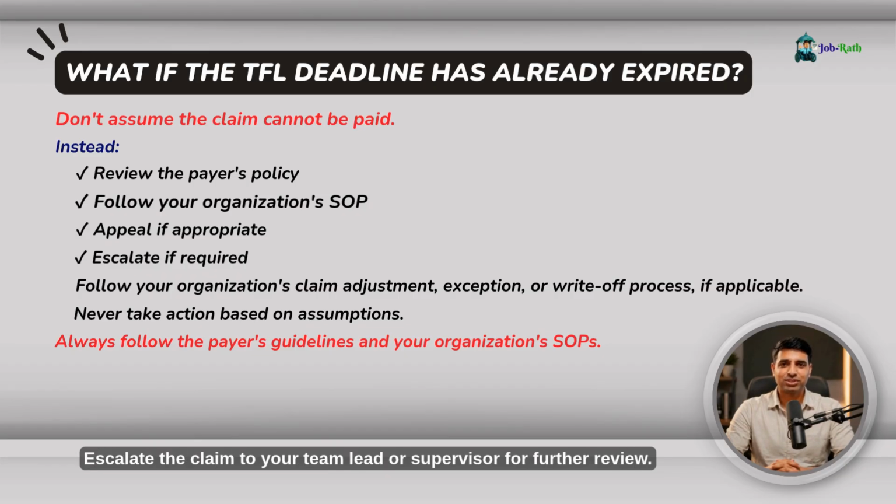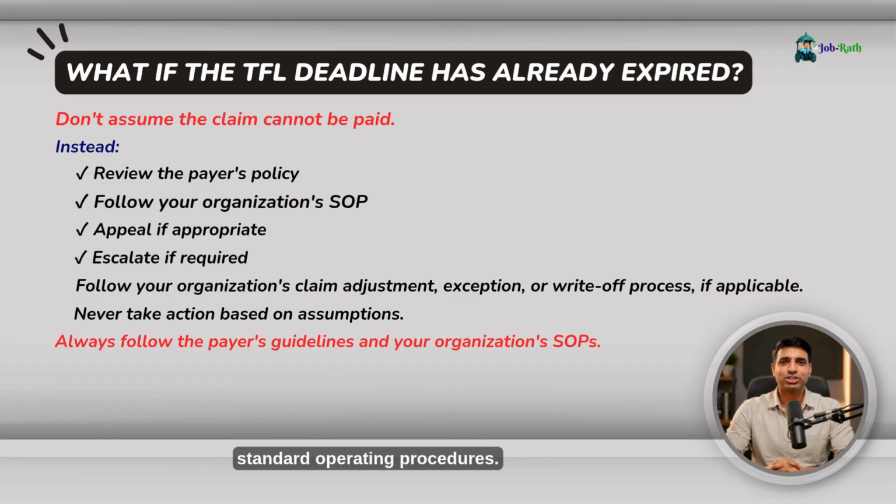Escalate the claim to your team lead or supervisor for further review. Follow your organization's claim adjustment, exception, or write-off process if applicable. Never take action based on assumptions. Always follow the payer's guidelines and your organization's standard operating procedures.